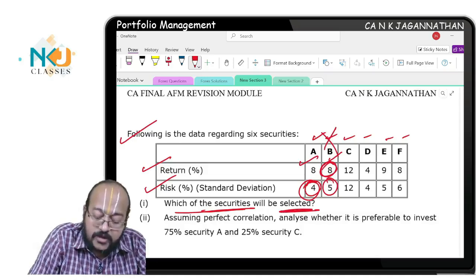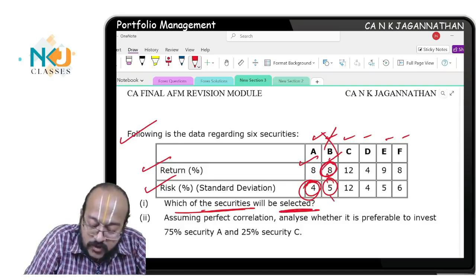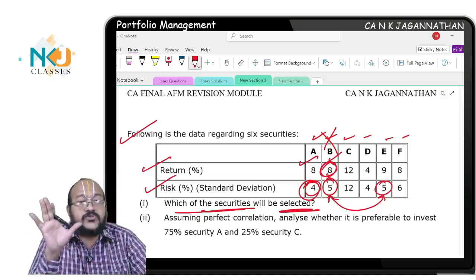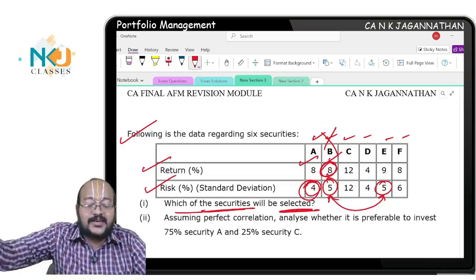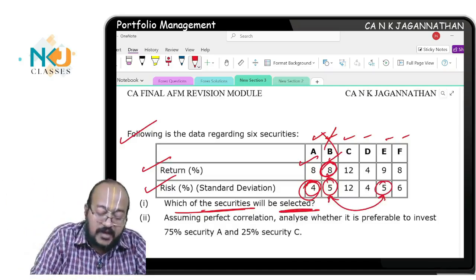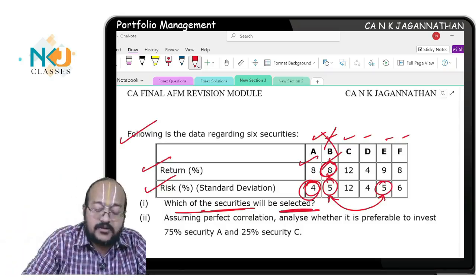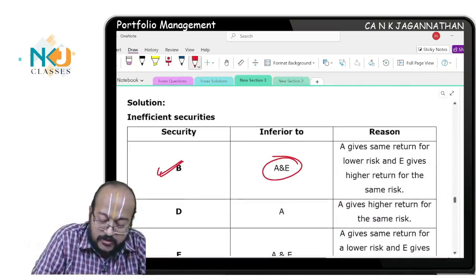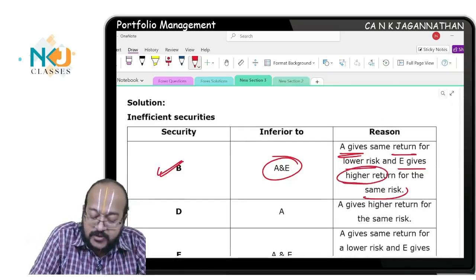B is inefficient to E also, because B is giving me a lower return for the same risk. I also told you the second condition, which means for the same 5% risk, B is offering only 8% return, whereas E is offering 9% return. Hence, B is inferior to A as well as inferior to E. Hence, I will not invest in security B. Are you understanding? A gives same return for lower risk and E gives higher return for the same risk.